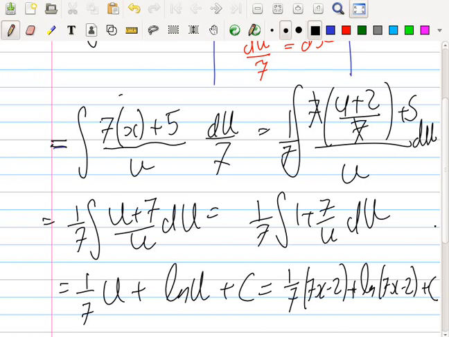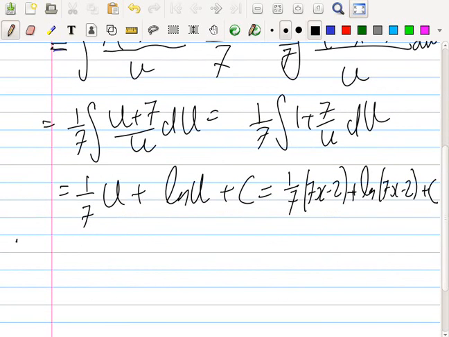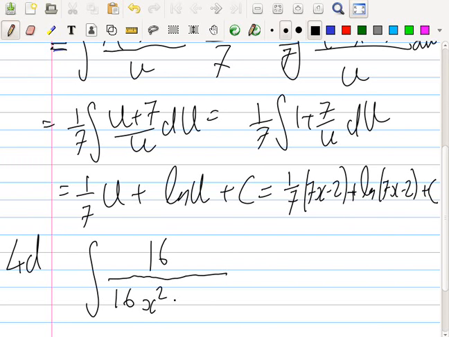Now, I will do, I guess D is a tiny bit more difficult, so I'll do 4D next. So, scroll down. 4D. Integrate 16 all over 16x squared plus 96x plus 148 dx.